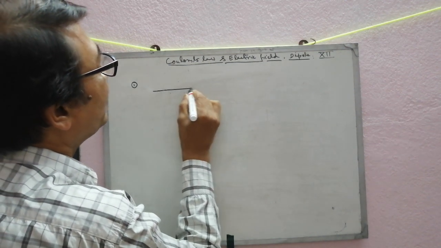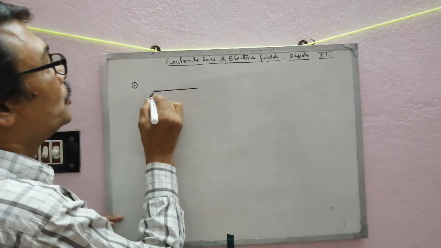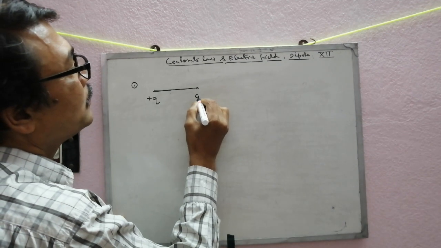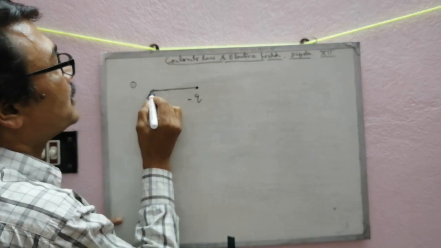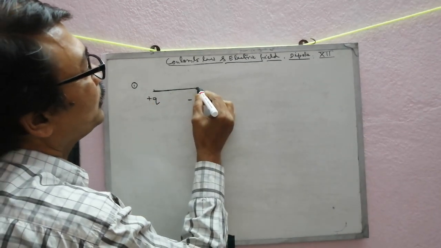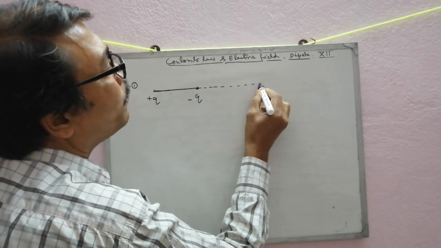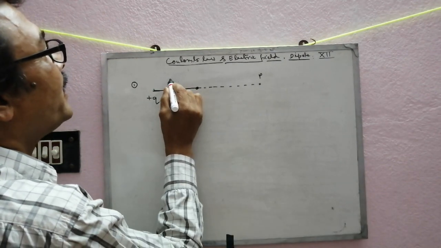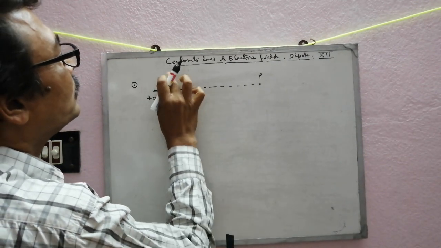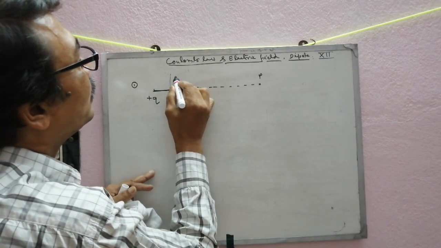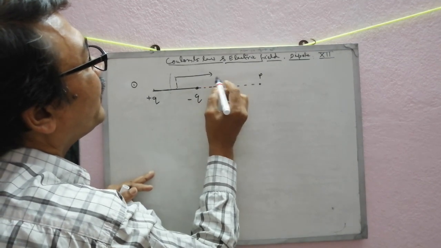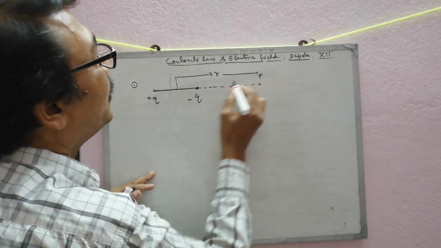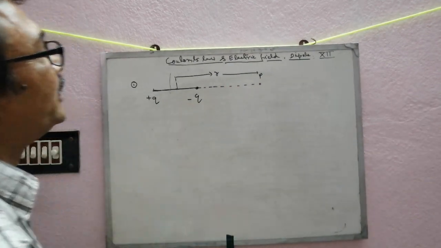Suppose this is an electric dipole, plus Q and minus Q. We find out the electric field intensity at P at a distance R from the midpoint of the dipole.